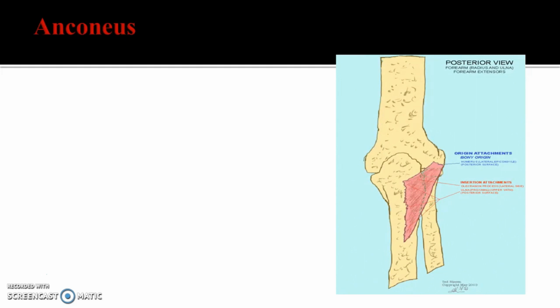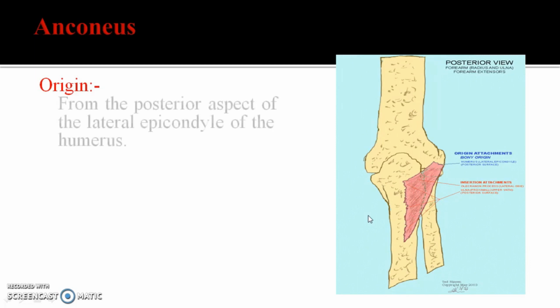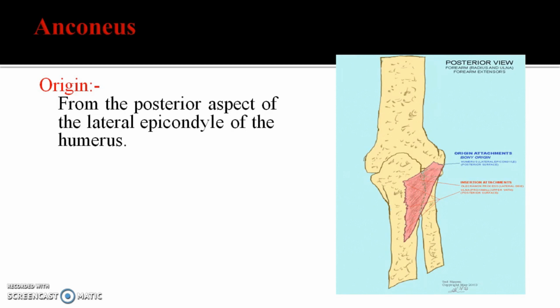The remaining one muscle which is present posterior to the elbow joint is anconeus. Looking at the picture you can make out it is a triangular muscle. The muscle takes origin from the lateral epicondyle but from the posterior aspect.